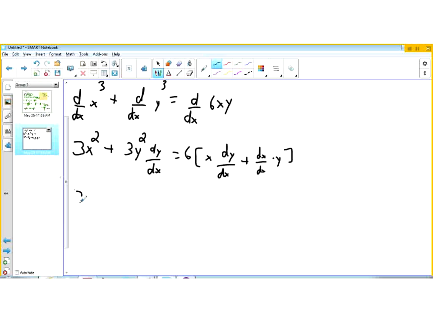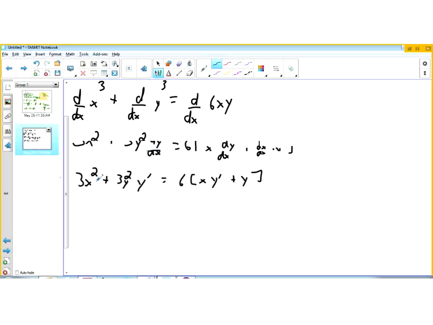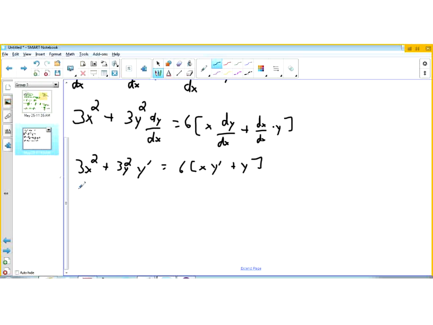Okay, so simplifying, we have 3x squared plus 3y squared y prime is equal to 6 times x y prime plus y. And now all we do is solve for y prime algebraically. So 3x squared plus 3y squared y prime is equal to 6xy prime plus 6y.